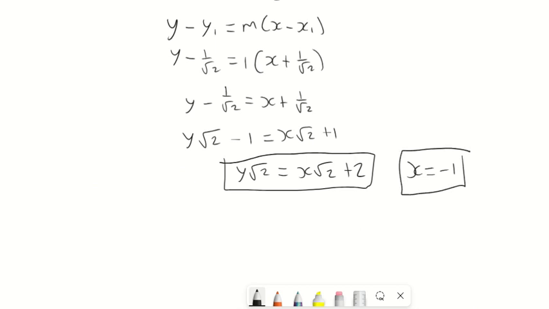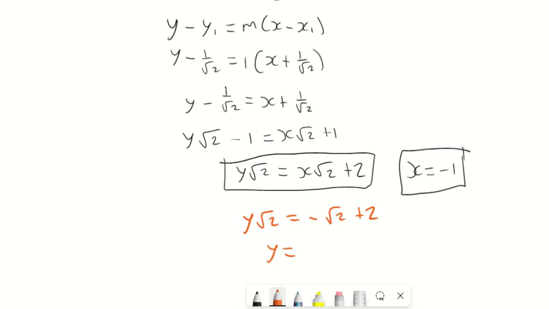So all I'm going to do is I'm just going to put in a minus 1. So we get y root 2 is equal to minus 1 times root 2. So that's just going to be minus root 2 plus 2.